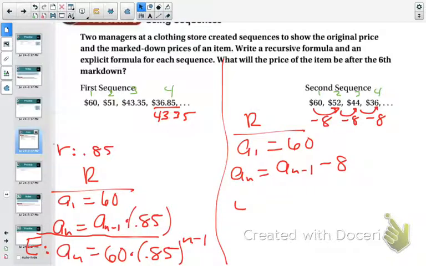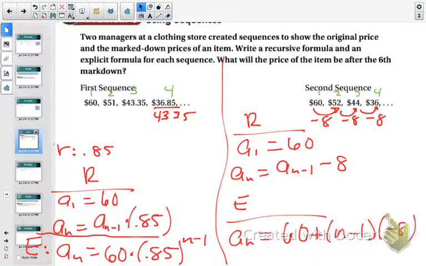And then the explicit is an equals your first term, which is 60, plus n minus 1 times your difference, which is negative 8. So your difference goes here and here, and our first term goes here and here. First term on this one, 60 and 60, and then our ratio, 0.85 and 0.85, go there.